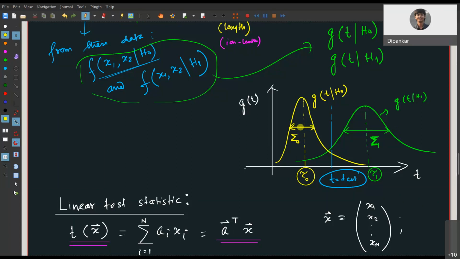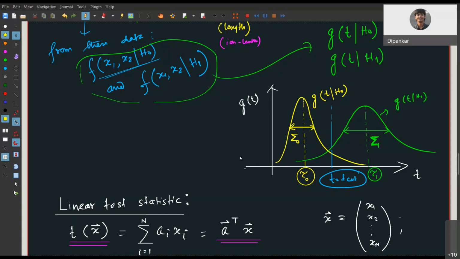Now, try to quantify: when will the separation between these two PDFs in terms of the test statistic be maximized? How can I quantify the separation between these two test statistics?